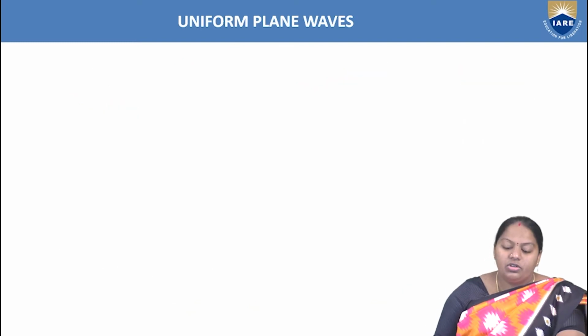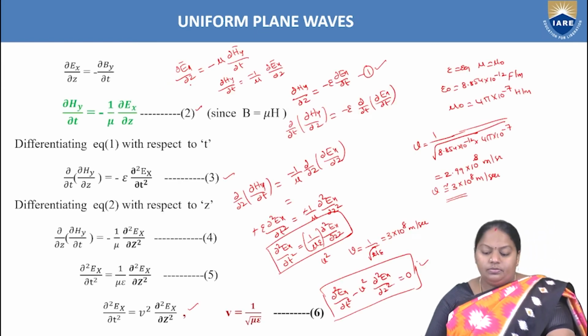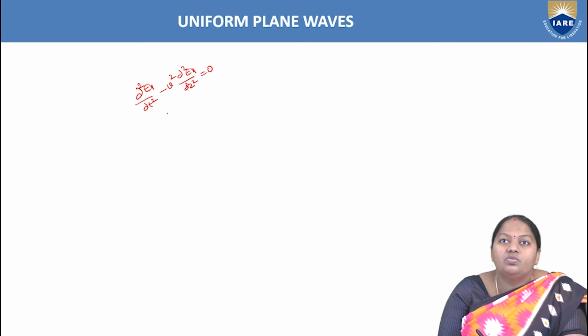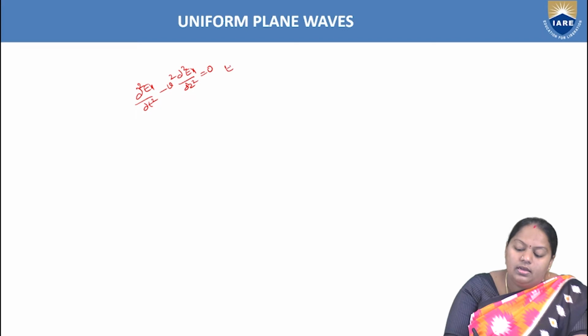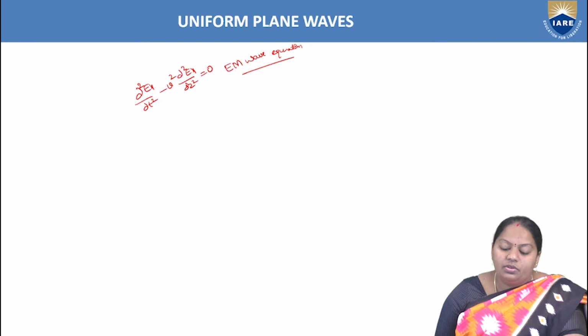Simplified, the equation is ∂²Ex/∂t² minus v² into ∂²Ex/∂z² equals 0, which is called the electromagnetic wave equation or uniform plane wave equation. It is a second order differential equation, right?